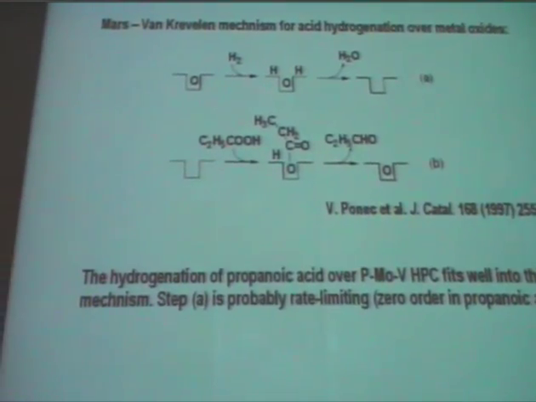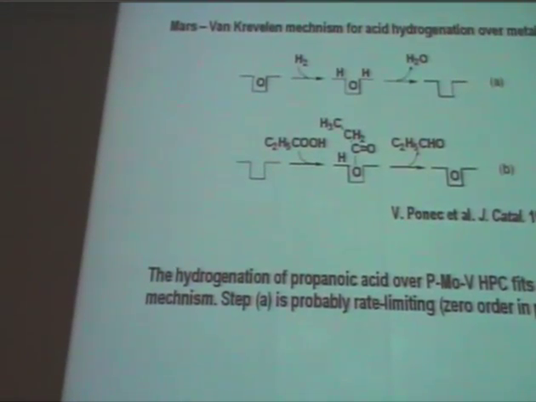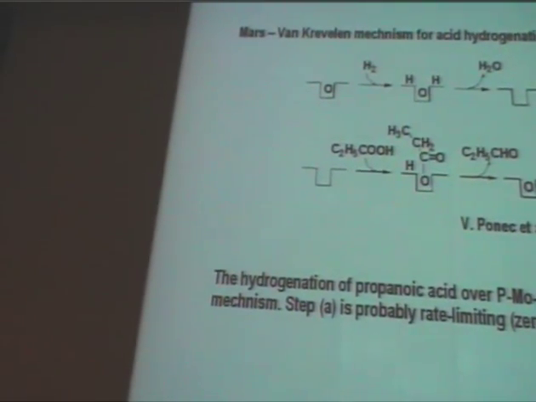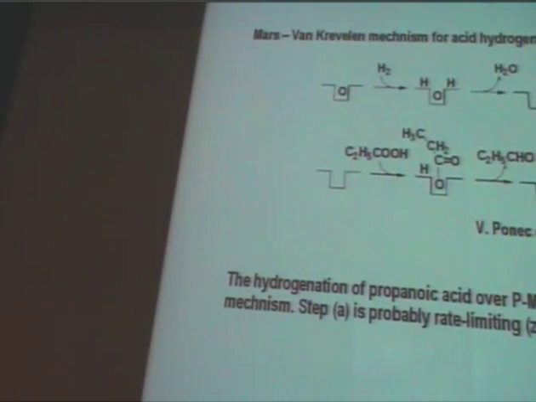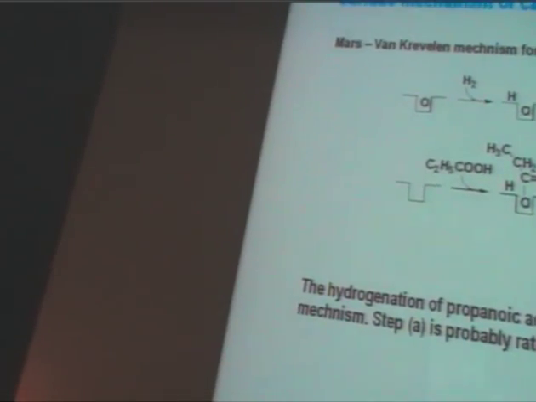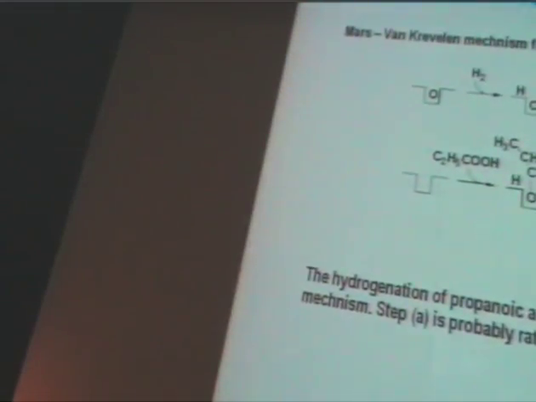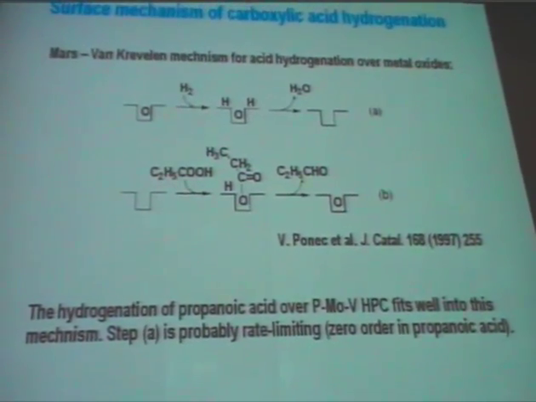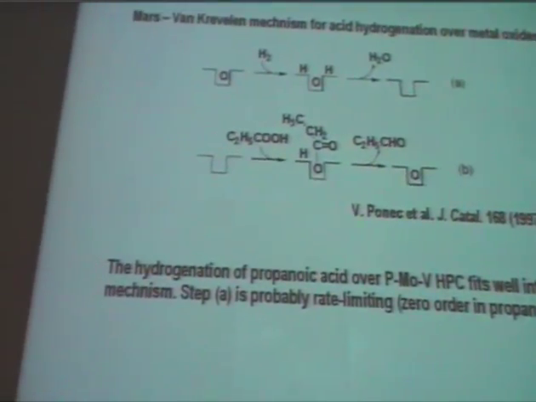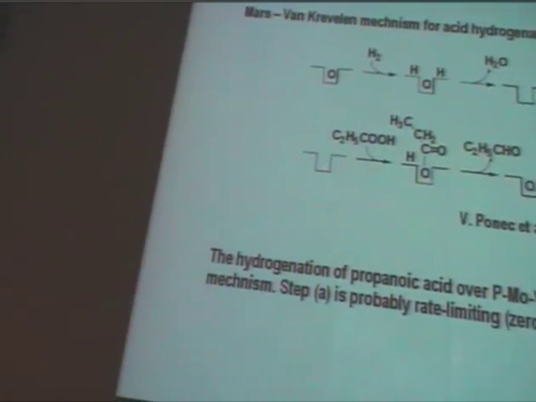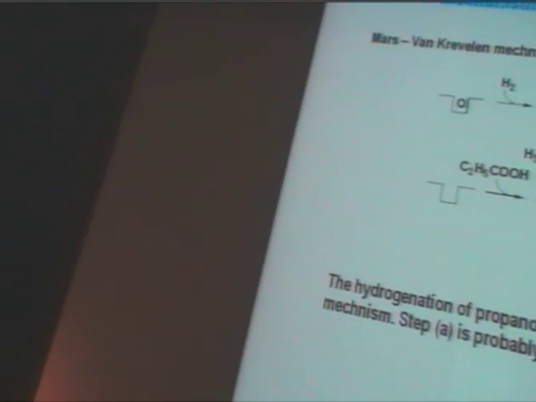And actually, back in the 1980s, Professor Misono and co-workers investigated the reduction of bulk heteropoly acids, for example, molybdenum phosphoric acid, with hydrogen, and showed that this reaction can occur with water evolution, leaving behind deficient polyanions with oxygen vacancies.